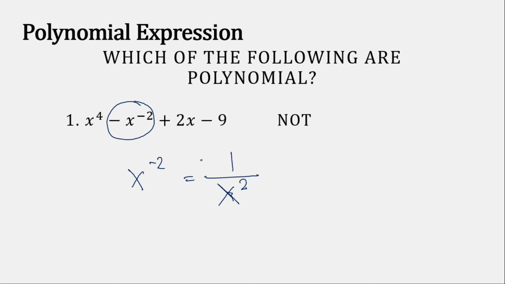Meaning, this one doesn't coincide with the definition of polynomials. It says in the definition that the exponent of x should be a non-negative integer. So this one is not a polynomial.